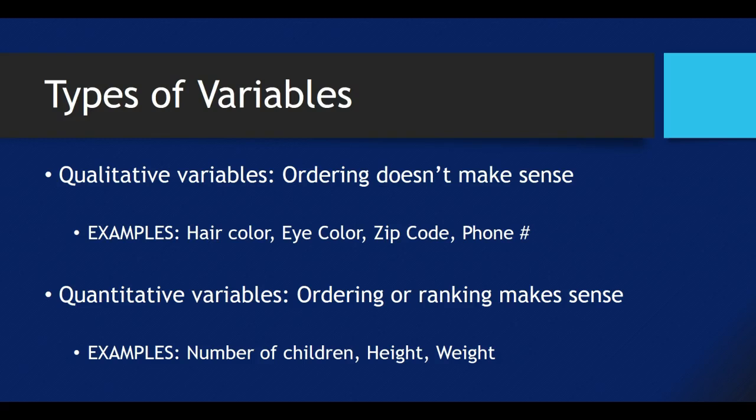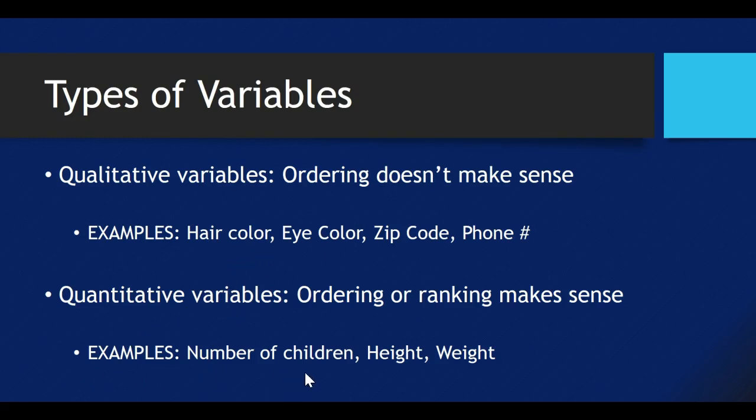All right, so for instance, or excuse me, did I say that opposite? Qualitative variables, ordering does not make sense, and quantitative variables, ordering makes sense. So for instance, qualitative variables, something like hair color, we'd have all probably agreed that that is qualitative. Hair color is not generally given a numerical value.